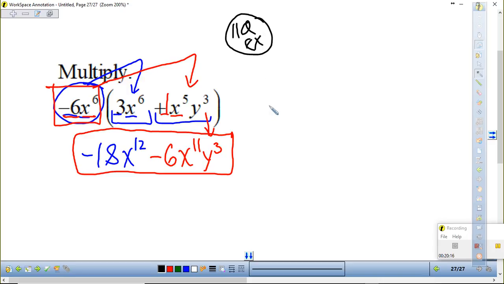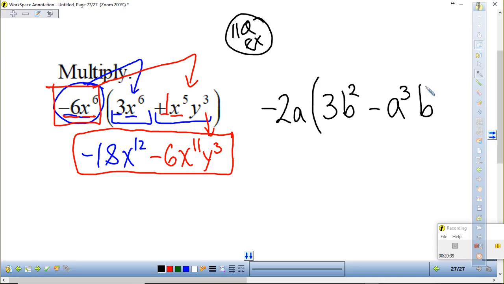Let's do negative 2a, parentheses, times 3b squared minus a cubed b to the fourth. Let's see what you get for that. I'll give you some time.